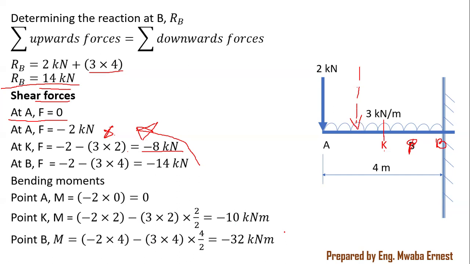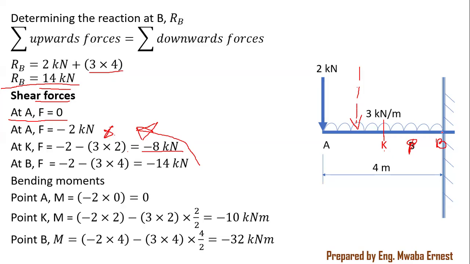Let's pick up the last one. At point B, our moment is equal to, first, negative 2 has now the increased span, which is coming up to here. Talking about negative 4. So negative 2 times 4 minus, this is 3. So 3 times the whole 4 multiplied by, this will now act at the center, 4 over 2, which is basically the same 2 from here to there.